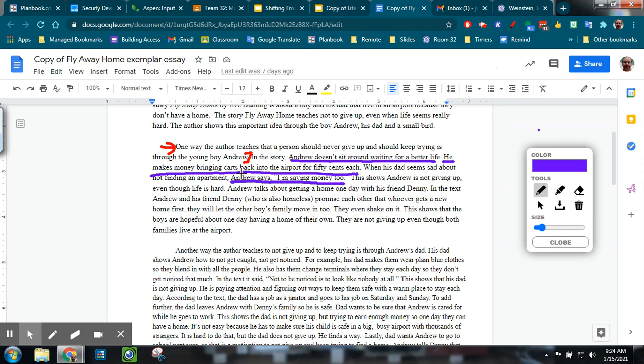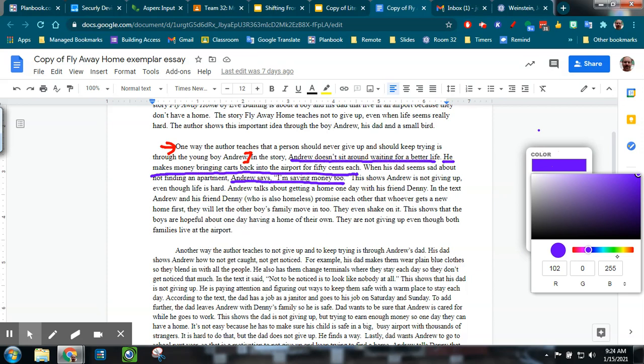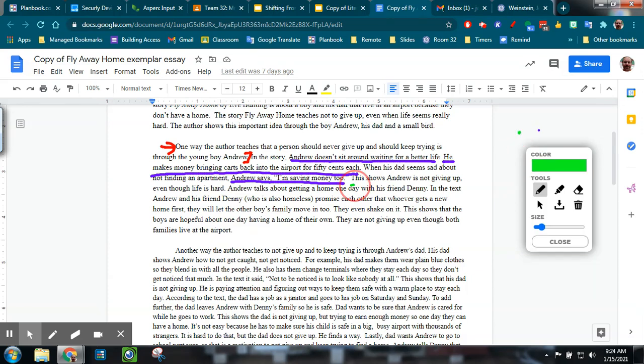Okay, this shows Andrew's not giving up, even though his life is hard. All right, so let me change color so we can see this now. So this piece here shows Andrew is not giving up, even though his life is hard. This relates to the topic sentence: a person should never give up and should keep trying.